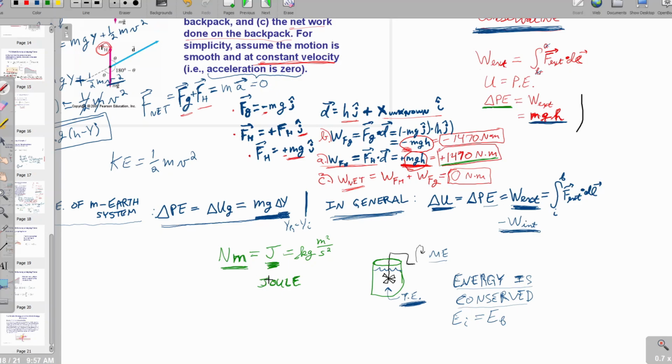The SI unit of work or energy is a newton meter, otherwise known as a joule. J is for joule. So it's a kilogram meter squared per second squared. So you can write newton times meter down if you want to give me units for work, or you can write joule down. They're exactly the same thing. Both of them are equal to a kilogram meter squared per second squared.